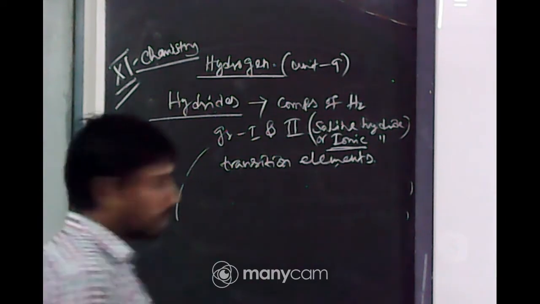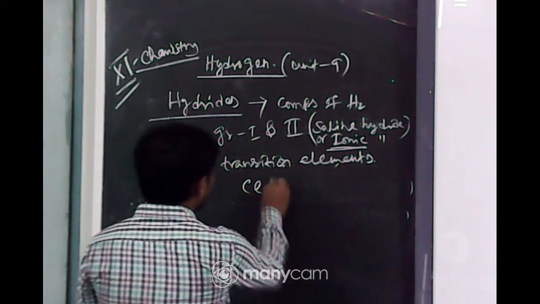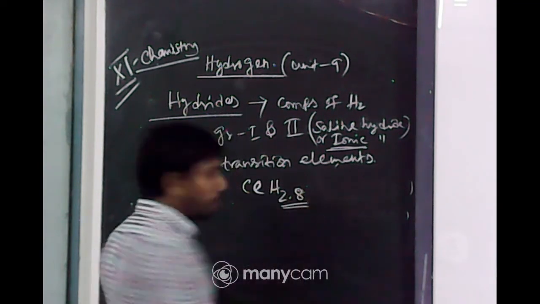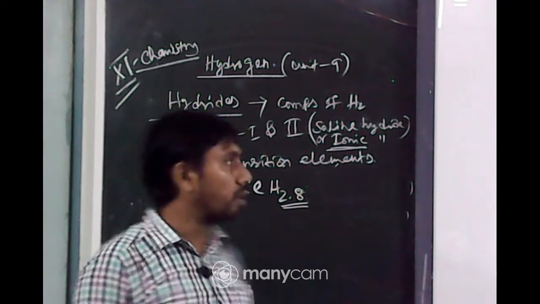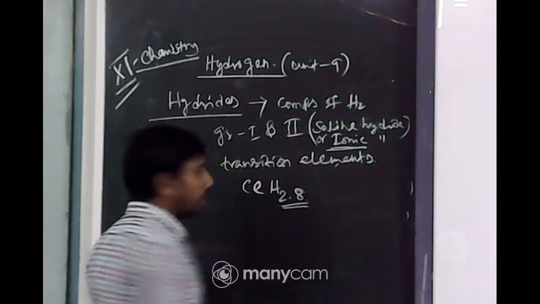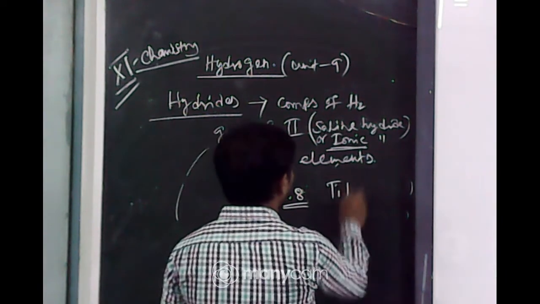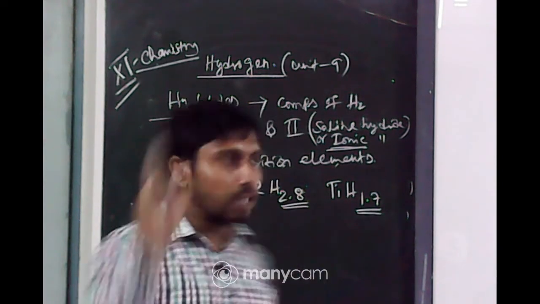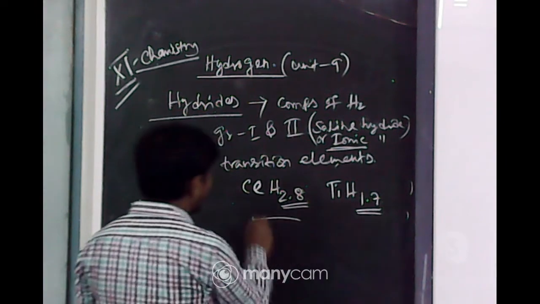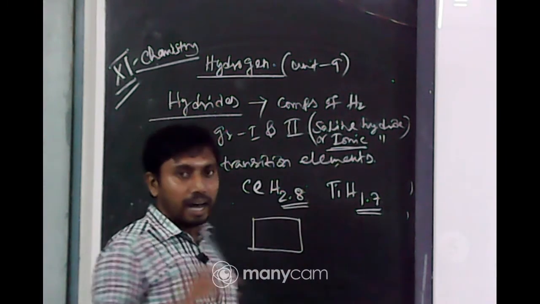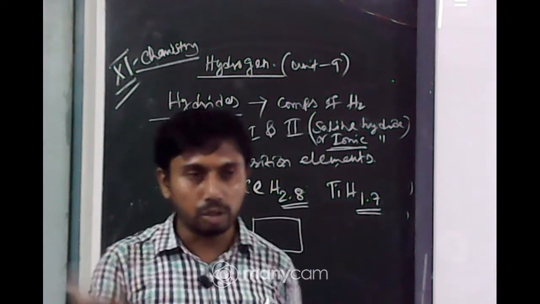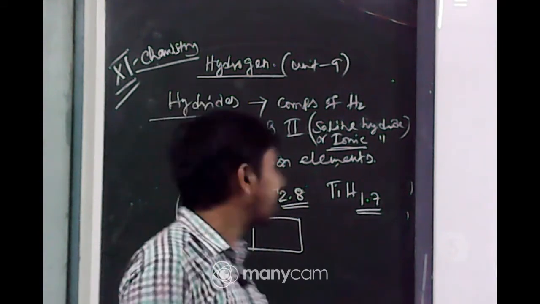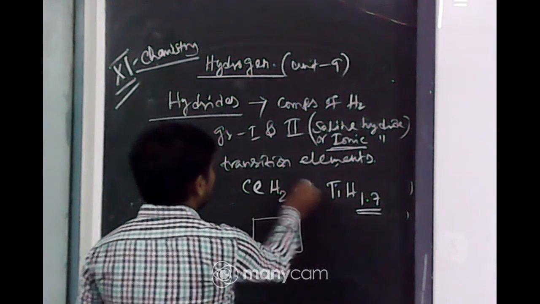Cesium hydrogen 2.8. So why 2.8? We know that an atom is non-divisible, but it is an average. One example may be titanium hydrogen, that is 1.7. So these are averages, that means the total volume is calculated, and then the number of hydrogen atoms that are occluded in the cavities or interstitial space is also calculated and divided by the total number, then we get this fraction.